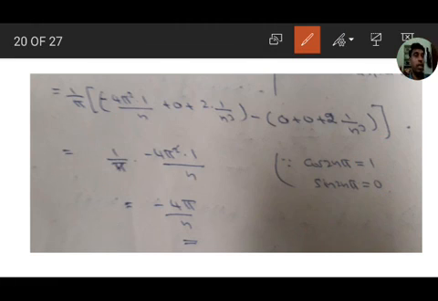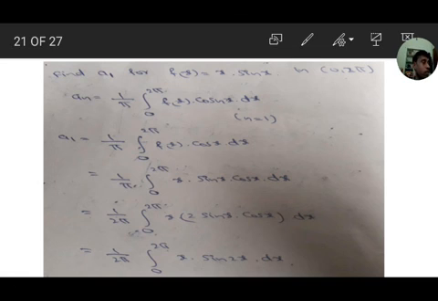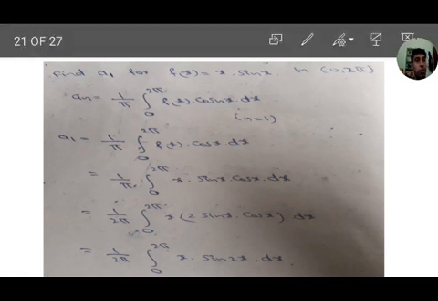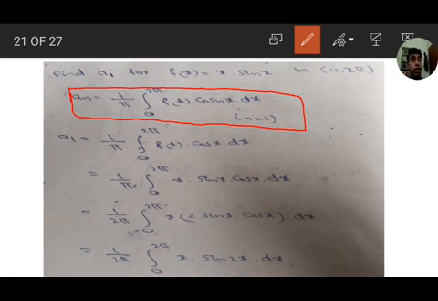Let us move to the next problem. Find a1 for f of x equal to x into sin x in the interval 0 to 2 pi. The an formula is 1 by pi integration 0 to 2 pi f of x into cos nx dx.